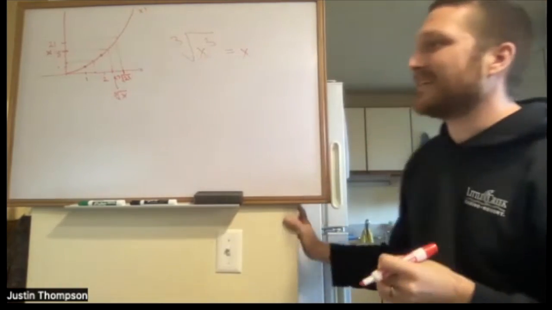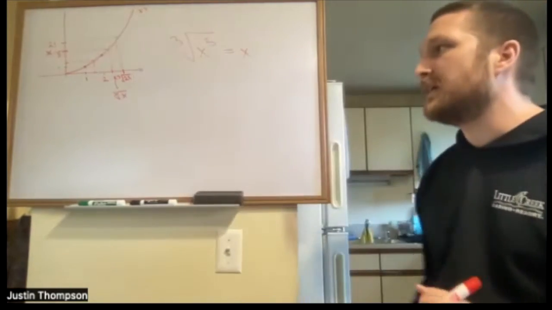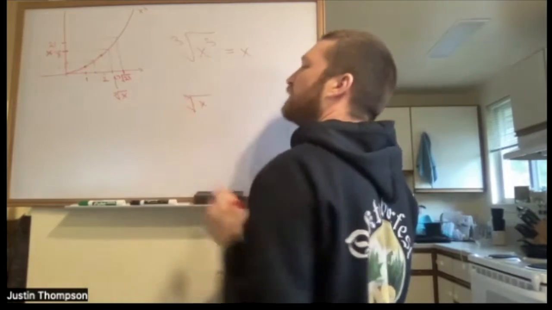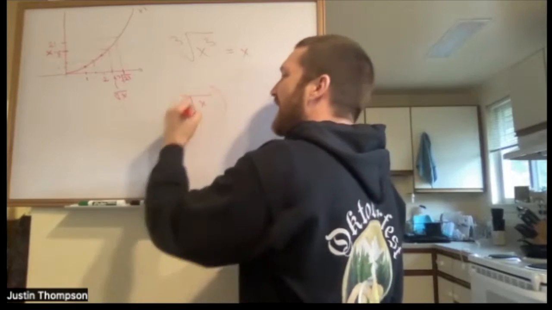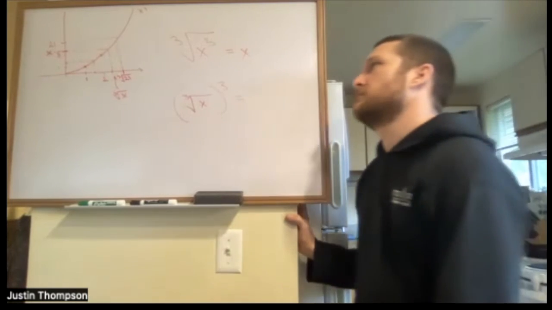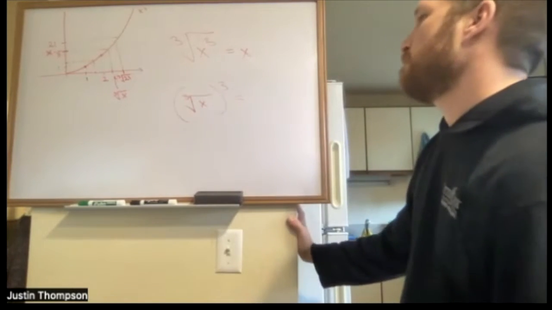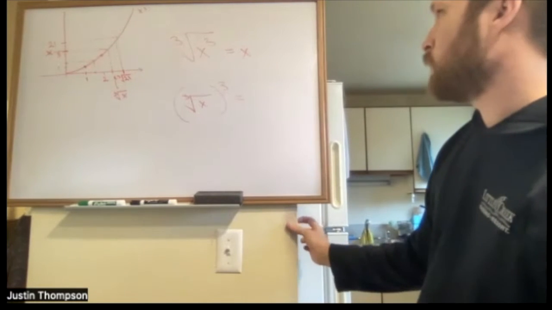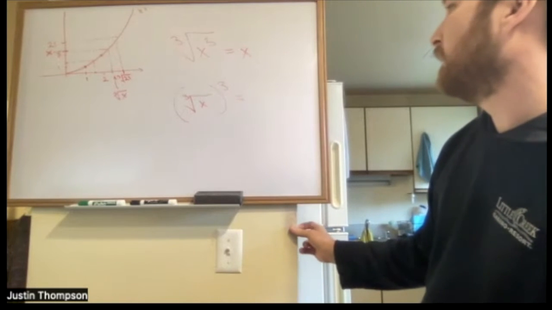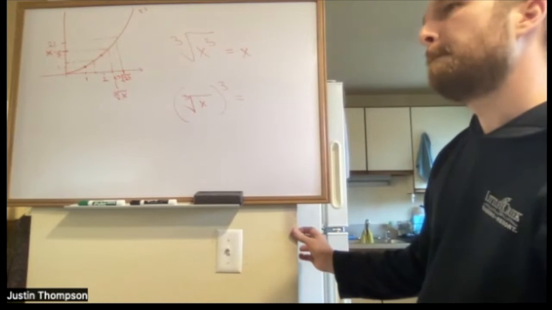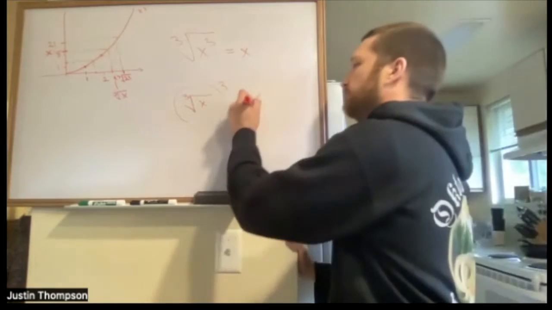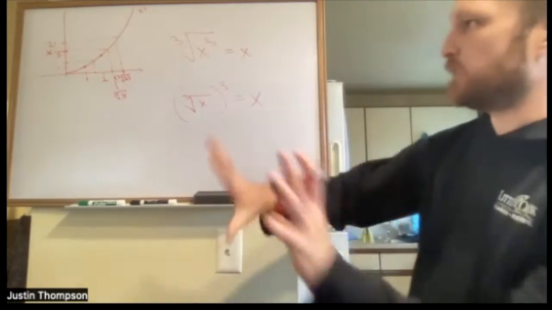And then I take that number, whatever it is, and cube it. In other words, I'm taking the cube root of x first, and then I cube it. What do I get? What do I get? x. Yeah. Right? And let's think about that.